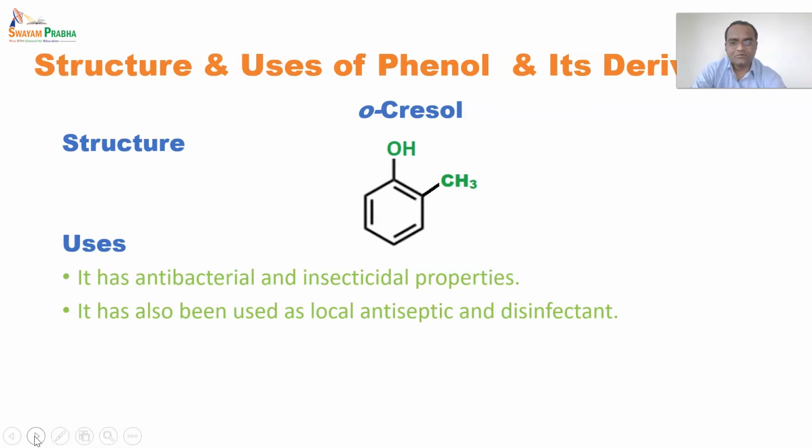It has also been used as a local antiseptic and disinfectant. But it causes toxicity in human bodies, so its uses are limited. Most preferably it is not utilized because of its toxicity.